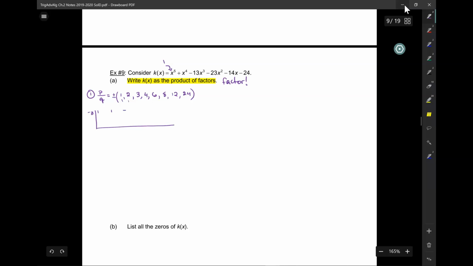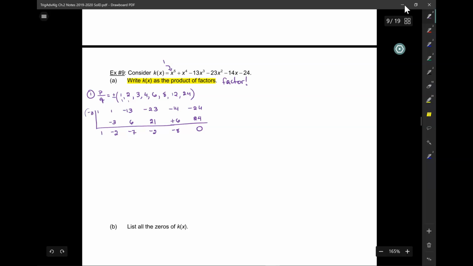1, 1, -13, -23, -14, -24. 1 comes down, -3, -2, 6, -7, 21, -2, +6, -8, +24, 0. Now, hang on.